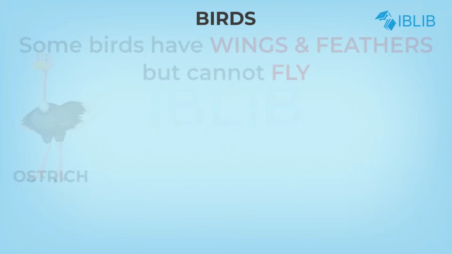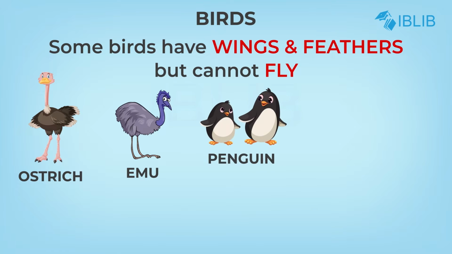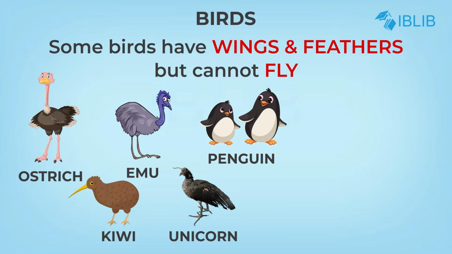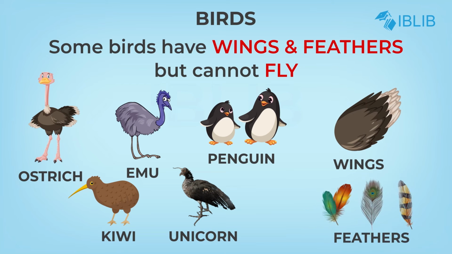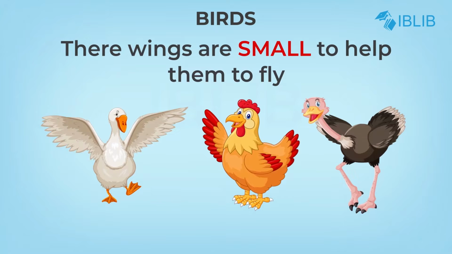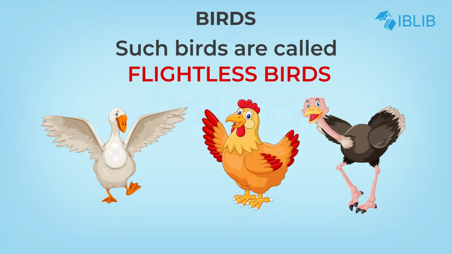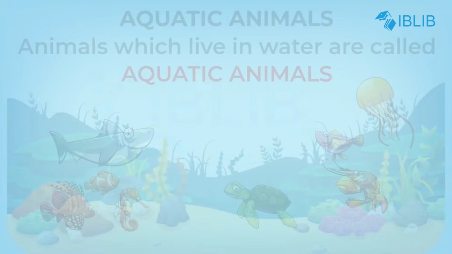Some birds like ostrich, emu, penguin, kiwi and unicorn have wings and feathers but they cannot fly. Their wings are too small to help them to fly. Such birds are called flightless birds. Aquatic animals.